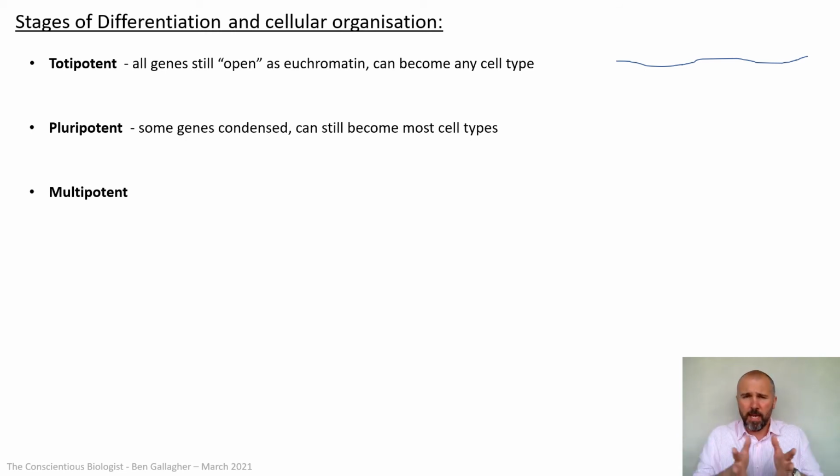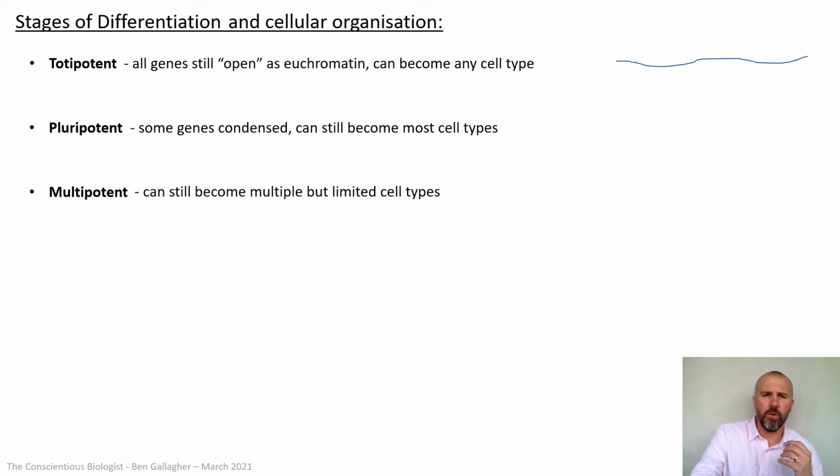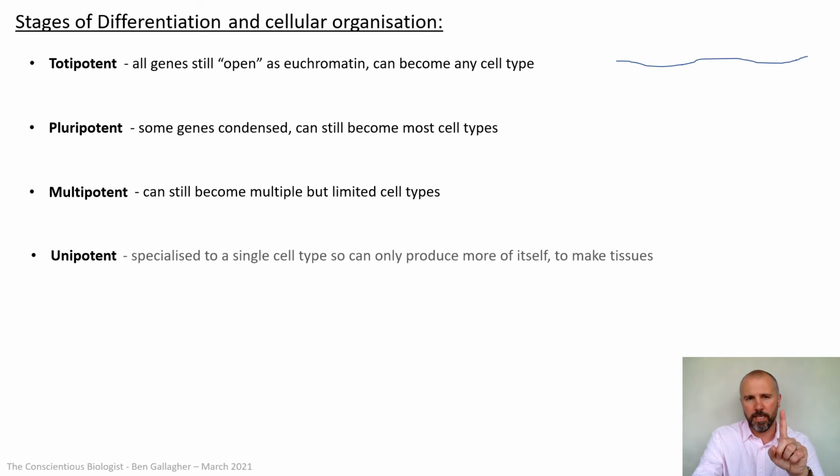It might only be able to become 6 or 7 different cell types. After multipotent, we finally get unipotent, uni meaning one, meaning it has the potential to only become one cell type. So it can only produce more of itself to make tissues. If you've got a muscle cell and you want to grow it, a muscle cell will divide into more muscle cells. That's all it can become because its potential is limited to that one cell type.